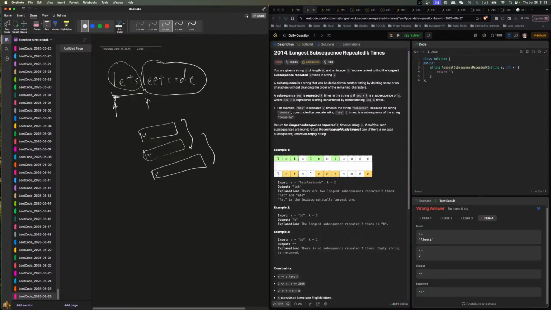Longest common subsequence of these two, longest common subsequence of these two, and K can be huge, right? K can be huge. It definitely can't just do longest common subsequence. We need something that, like, one pass can tell us.